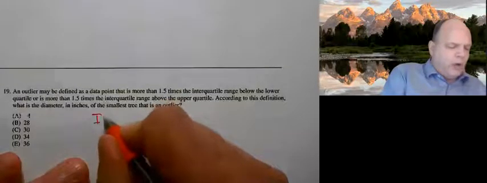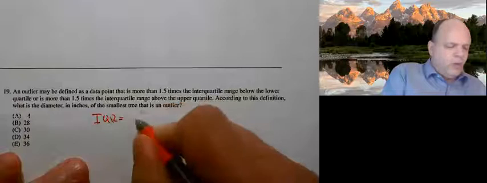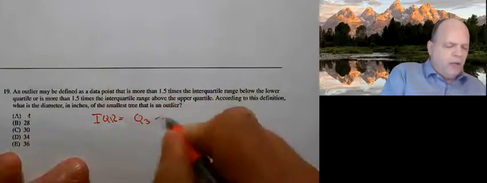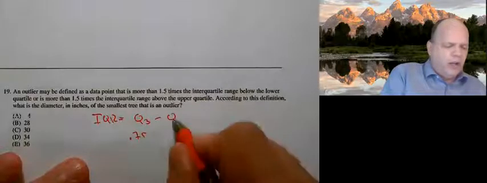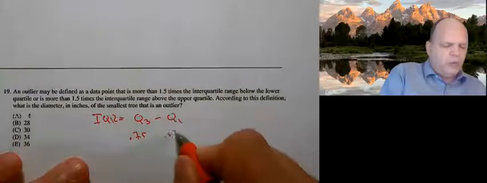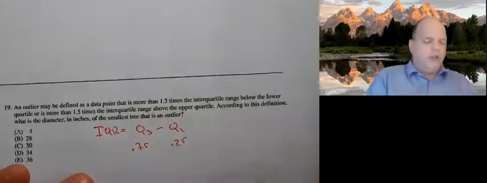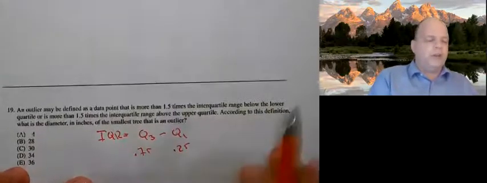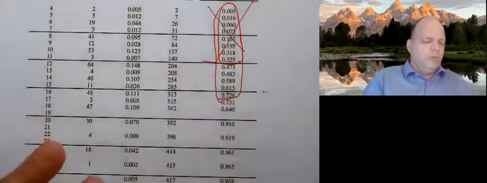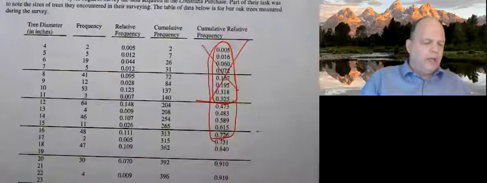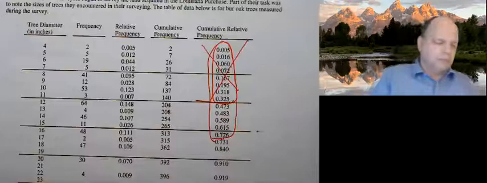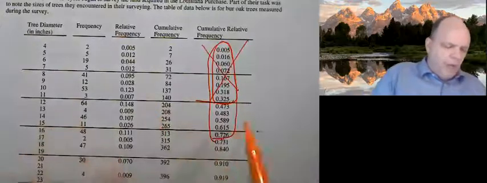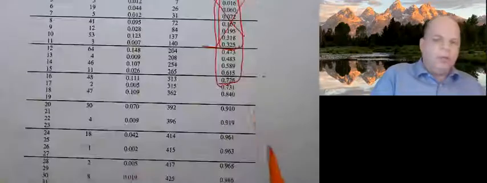IQR equals Q3 minus Q1. Q3 is at the 75th percentile and Q1 is at the 25th percentile. So I need to look up and find these values on the table. As I go up the table, I'm going to look for the 75th percentile.